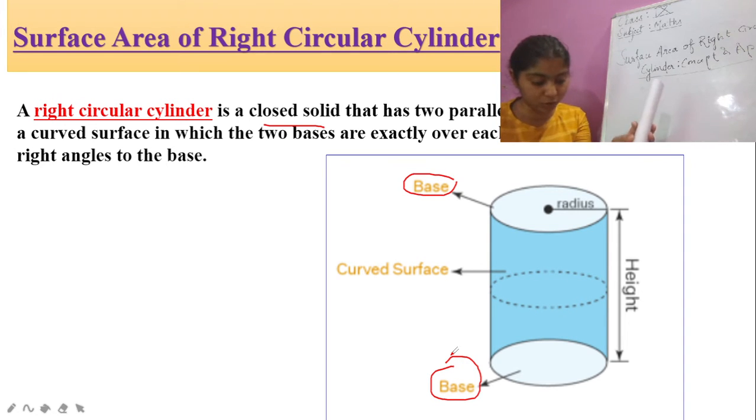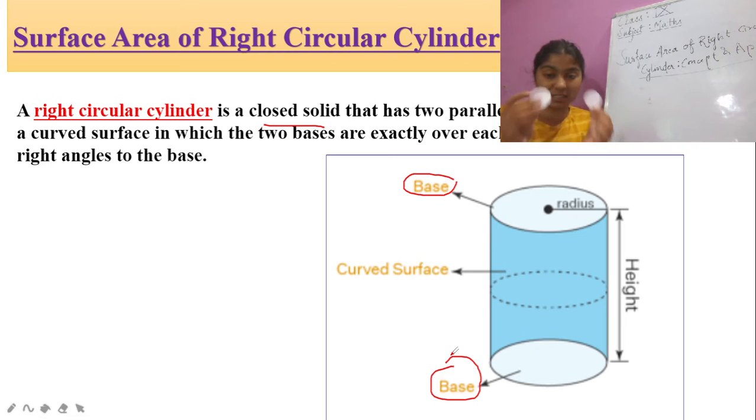So these two circular bases are required to cover this, and if you do not cover them, then it comes as the curved surface area. When it is a hollow cylinder, you have to cover it with these two bases at the bottom as well as the top, so that way you will come to know how to calculate the surface area.